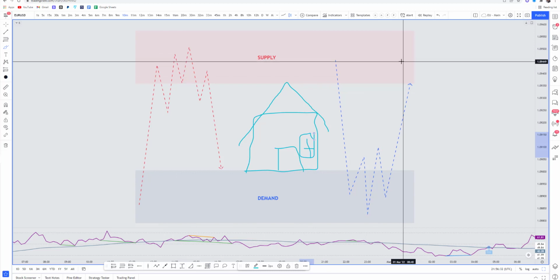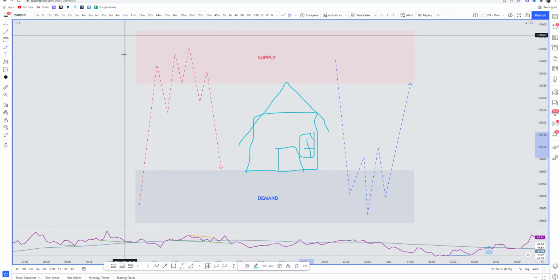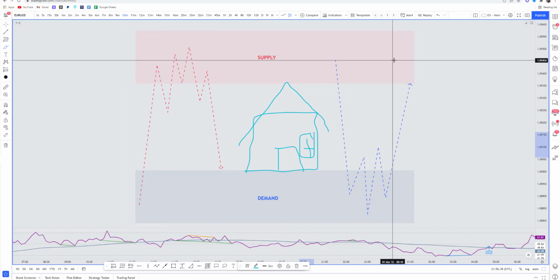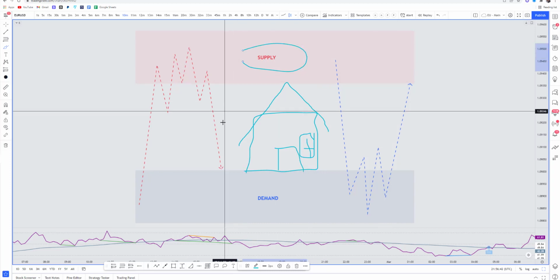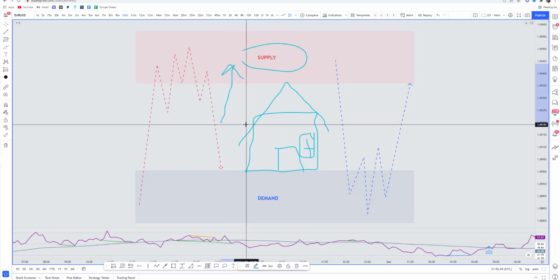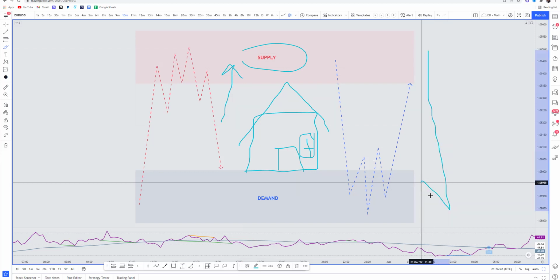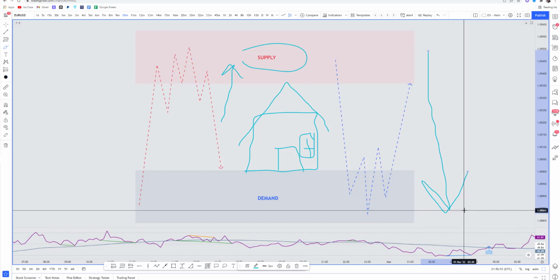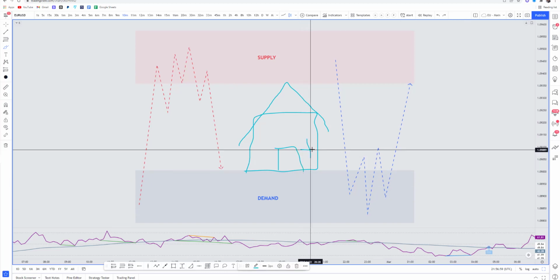Let's say there's just hundreds and hundreds of thousands of houses for sale in whatever city you're from, but there's barely any buyers. What that means is there is an oversupply of houses. So when there's an oversupply of houses, the price of housing actually goes down because there's way too many houses and not enough buyers. Now, on the flip side of things, I think we just lost a window here.